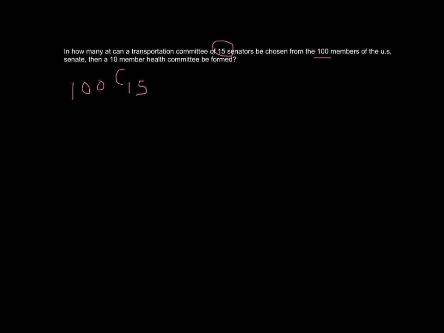Now, it depends on how you look at this question because it's not really explained very well. But one way that we could look at it is that we've used 15 people and they're on a committee, so they're not available to be selected. So when we make our health committee, we only have 85 people left to choose from, and we have to choose 10 for that committee.